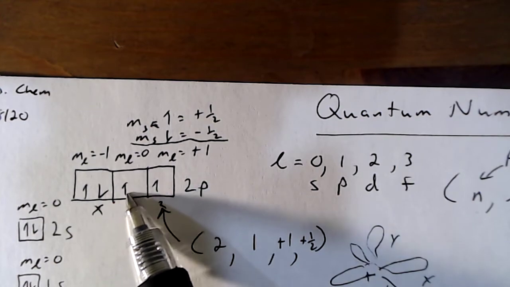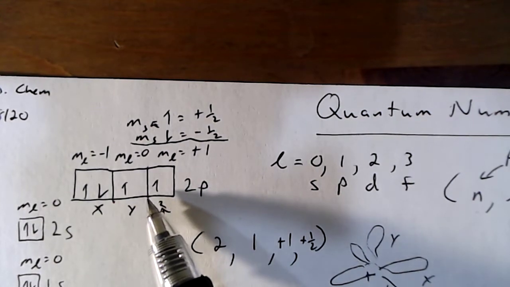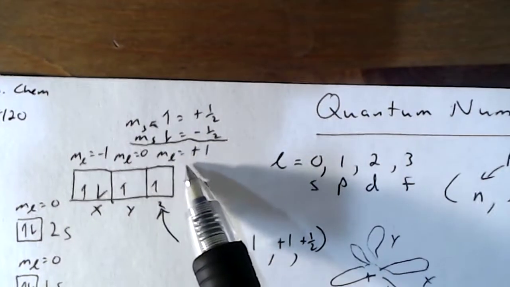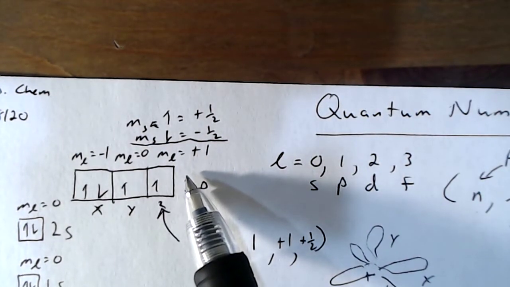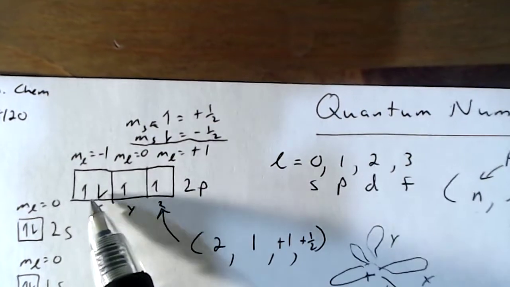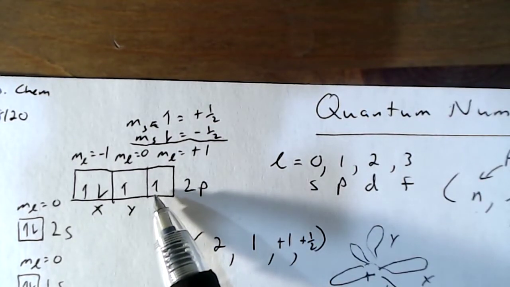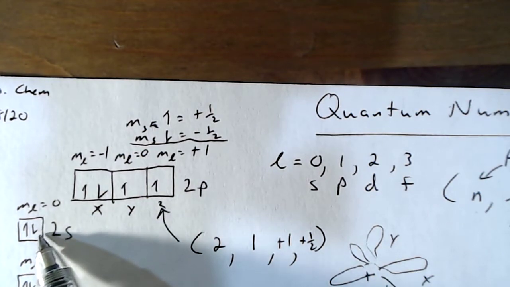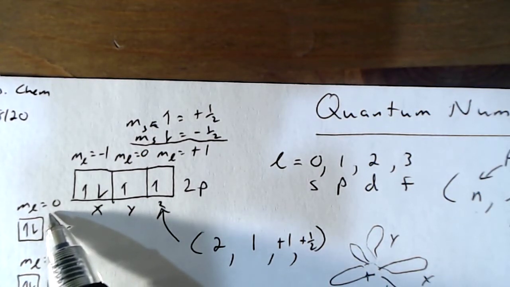So also, if you have maybe 3 orbitals in a sublevel, then there might be 1, 2, 3 different magnetic quantum numbers. Each of those represents an orbital. If you had only 1 orbital, then you would have only 1 magnetic quantum number.